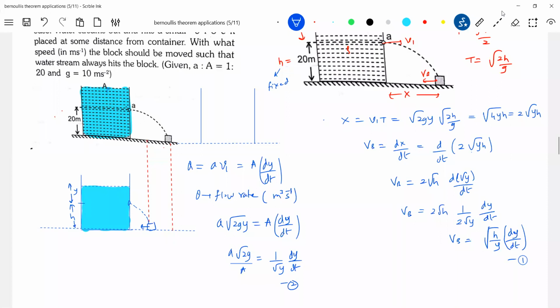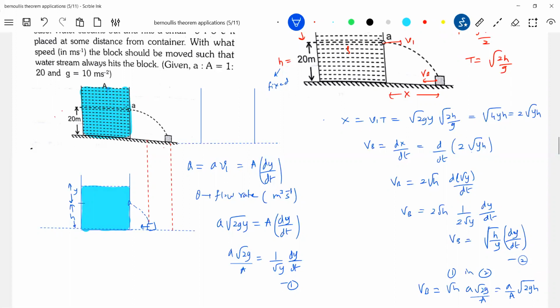So put equation 2 in 1, or call this 2, and put 1 in 2. So what is the velocity of the block? This will be a root 2g by capital A, root h. So this should be the speed of the block. We have all the information, and substituting, we'll get the speed of the block.